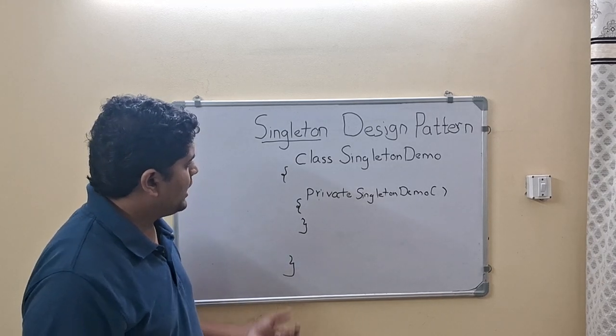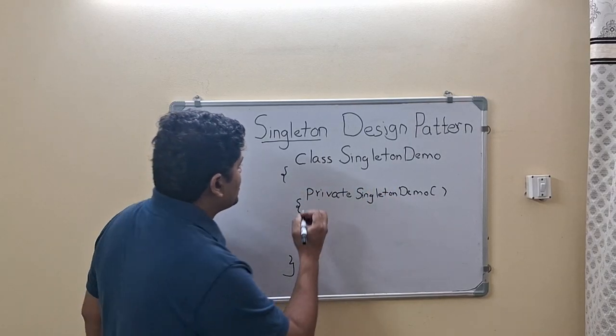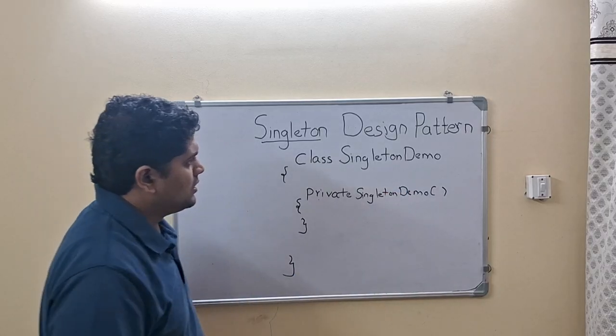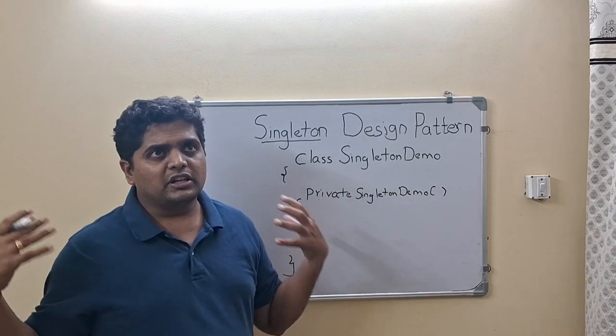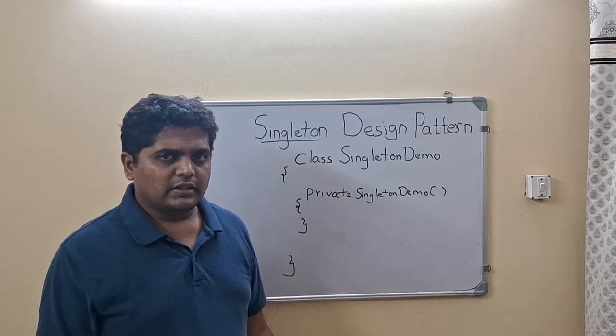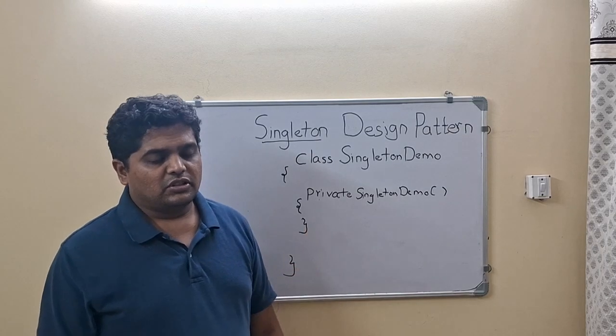So you have to take into consideration that while creating the reference instance, there are various ways. You can go for eager instantiation, you can go for lazy instantiation, and you can also create an enum instantiation.